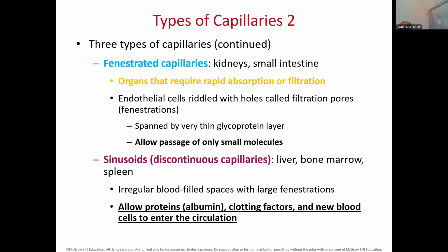These filtration pores allow for the passage of the electrolytes, allow for the passage of white blood cells, and allow for the passage of substance. The sinusoids, as we said, are irregular blood-filled spaces with large fenestrations. They allow the proteins, albumin, clotting factors, and new blood cells to enter the circulation.